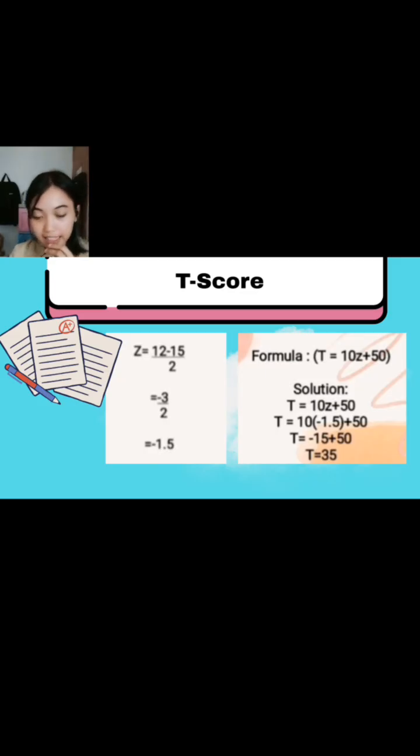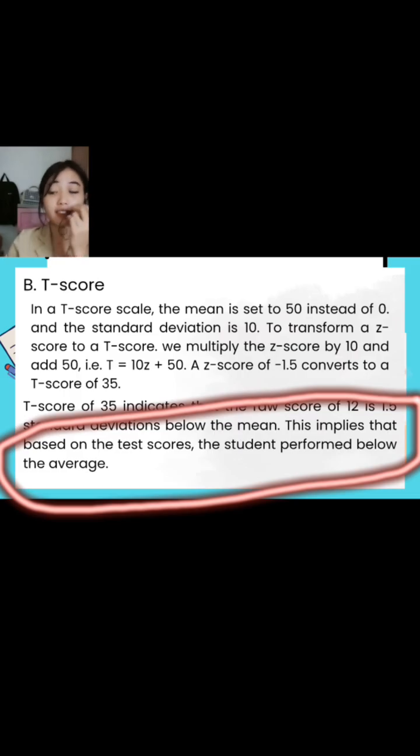So t equals negative 15 plus 50, and t equals 35. So a t-score of 35 indicates that the raw score of 12 is 1.5 standard deviations below the mean. This implies that based on the test scores, the student performed below the average.